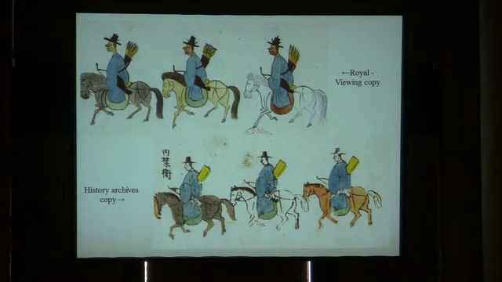And this again shows interesting detail of the royal viewing copy with arrows, but the history archive copies only with quivers. Then this is the worst of the history archive copy.